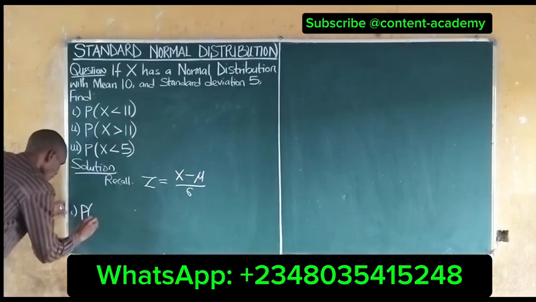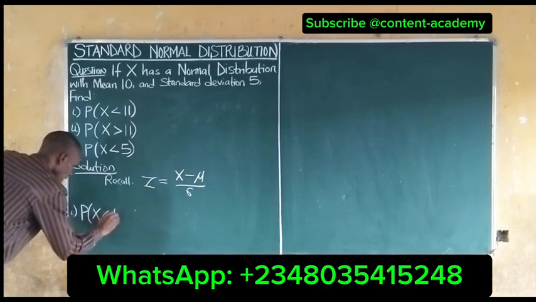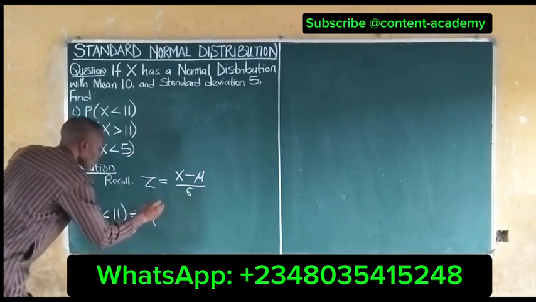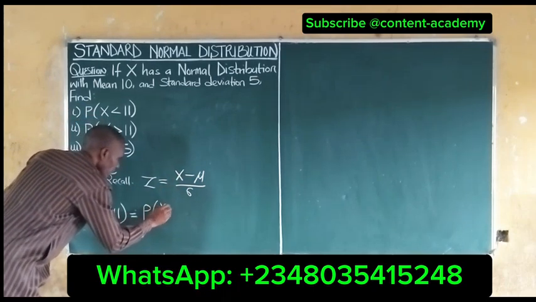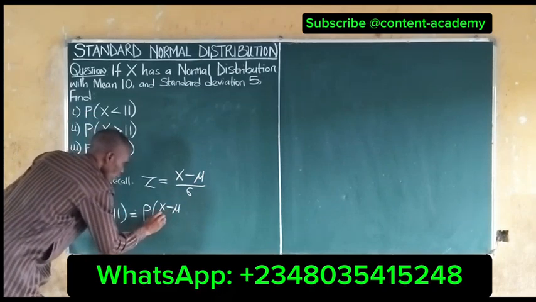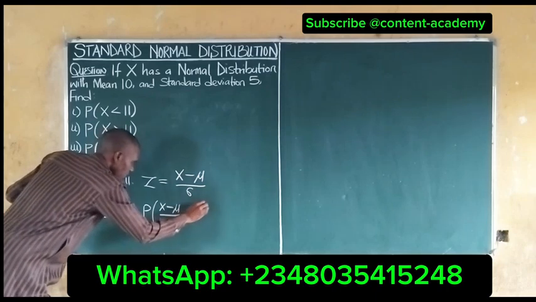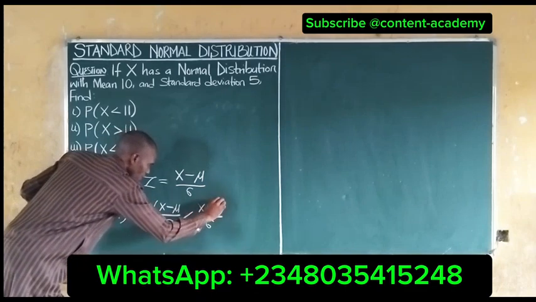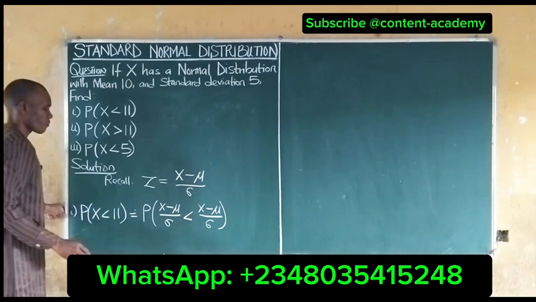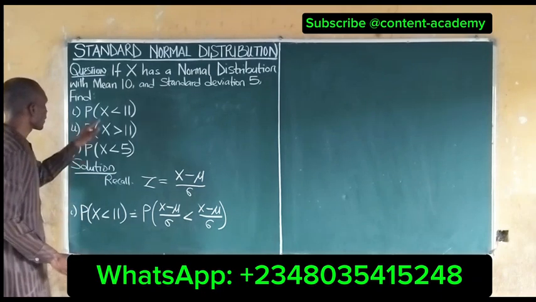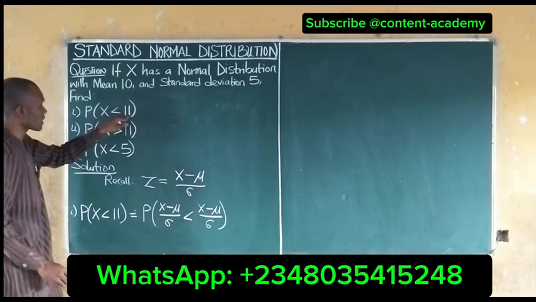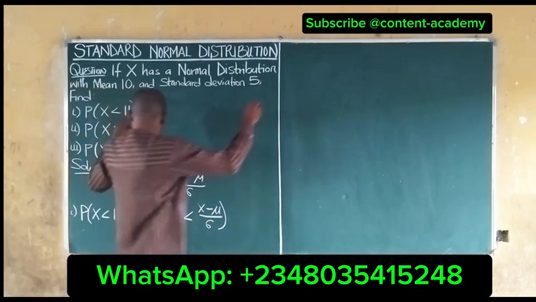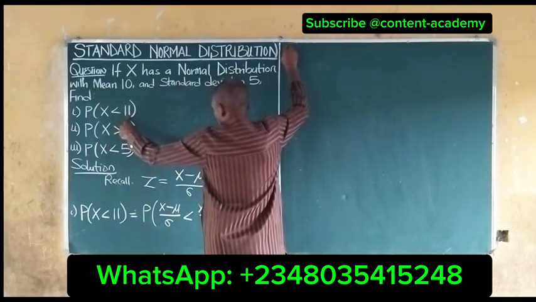So the probability of X is less than 11 is equal to the probability of (X minus mu) all over sigma being less than (X minus mu) all over sigma. So here we have X is less than 11, and we see that this 11 is at this part.